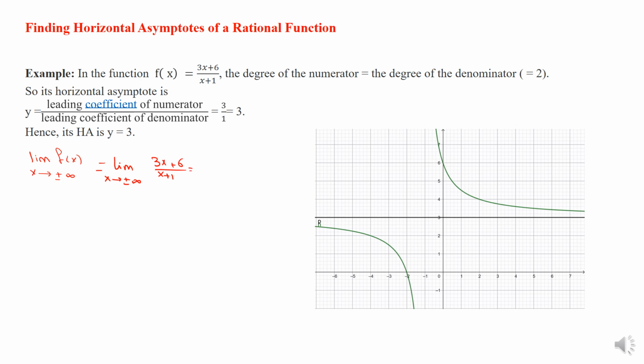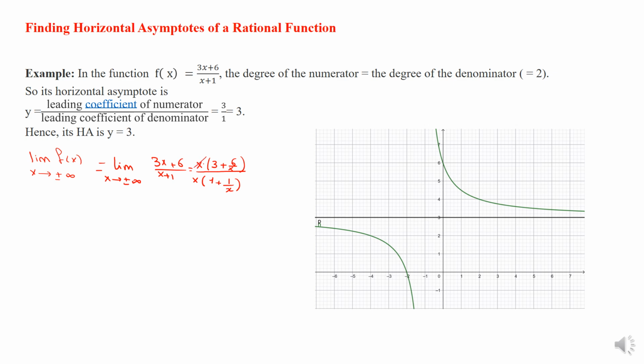You will be taking the monomial of highest degree, here you have x only, as a common factor. Then you divide by it. So 3x divided by x is 3 plus 6 over x, over x as a common factor, 1 plus 1 over x.